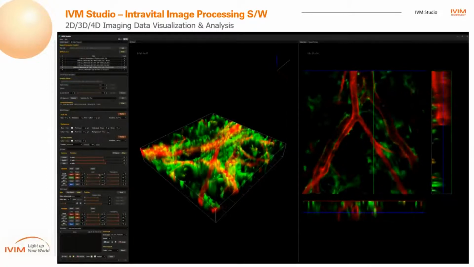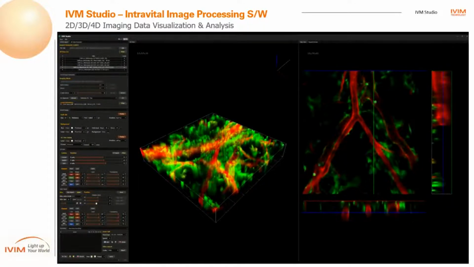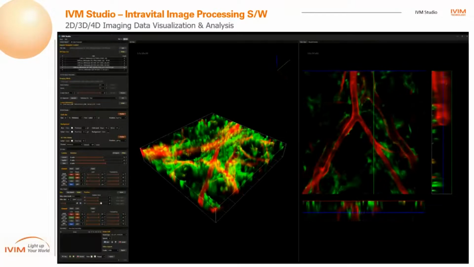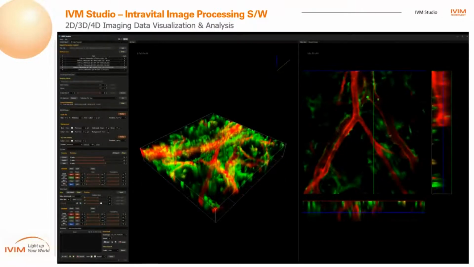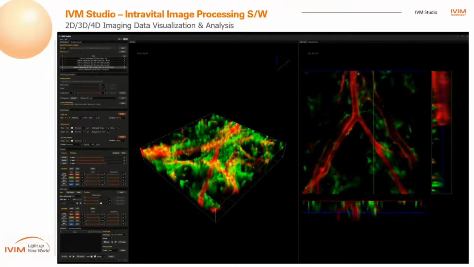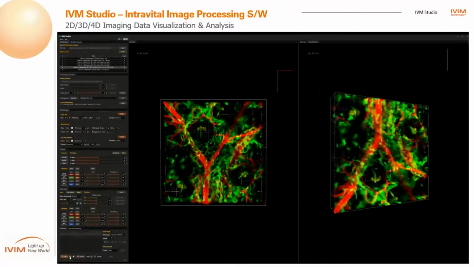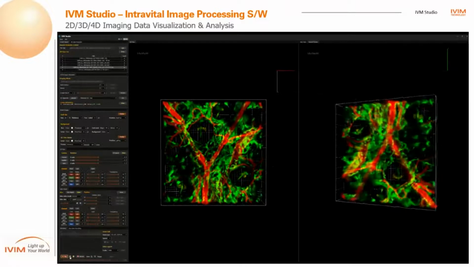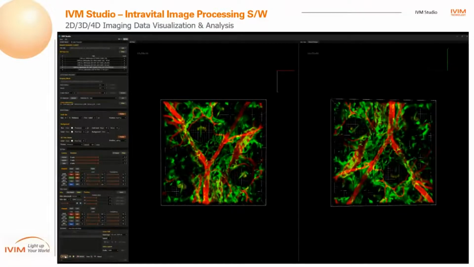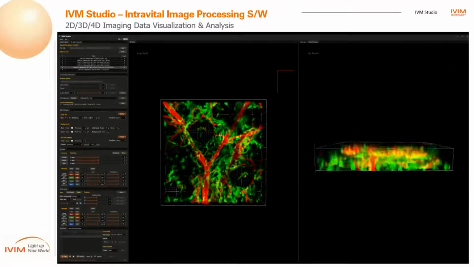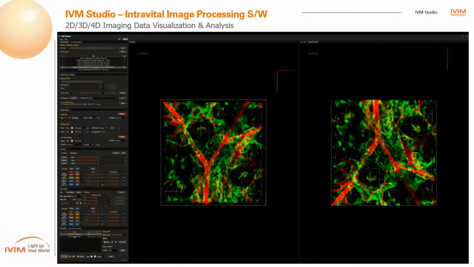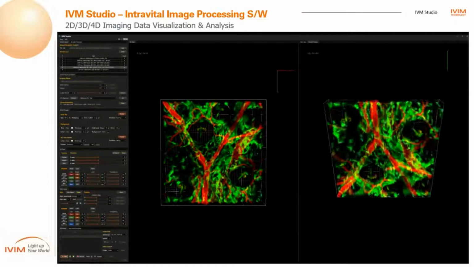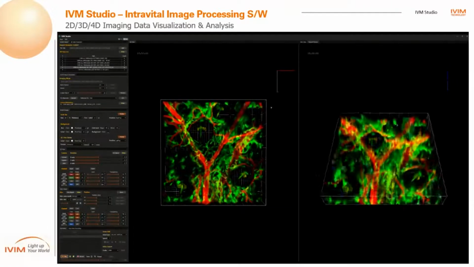With the measurement function, quantitative analysis of vessel dilation before and after drug treatment, immune cell trafficking, cell-to-cell distance, and cell-to-cell contacts can be performed in Studio software. In addition, 4D quantitative analysis of immune cell movement, cellular speed, direction, cell-to-cell distance, and the number of contacts over time can be performed in 4D in Studio software.